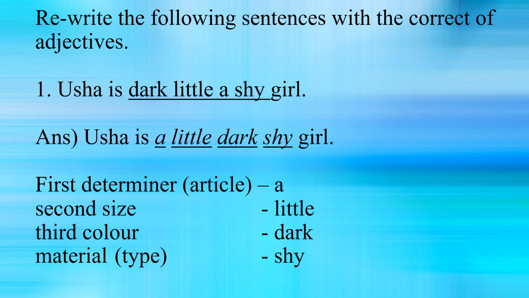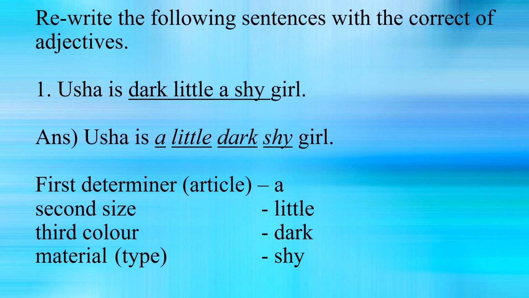Why did we make this arrangement? Yes, we know from the table. First comes the determiner, that is the article here, a. And then second comes the size, little. Third, the color, dark. And lastly, the material in the sense of type or kind.